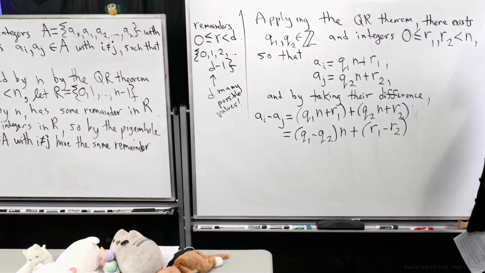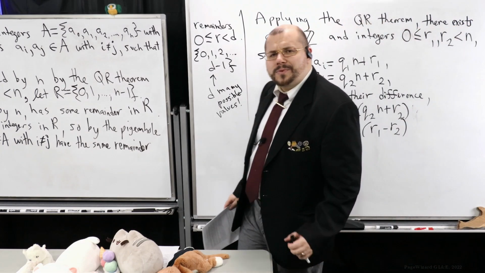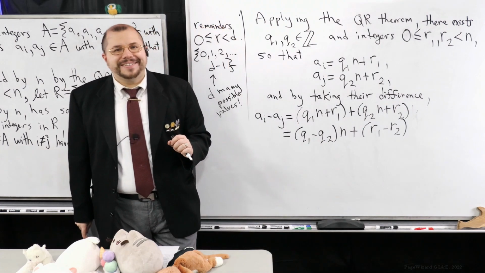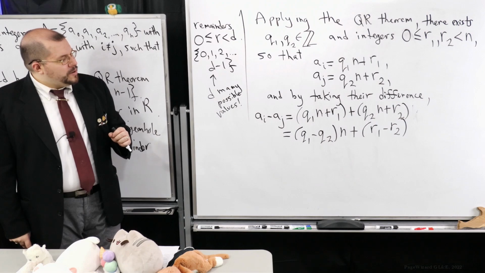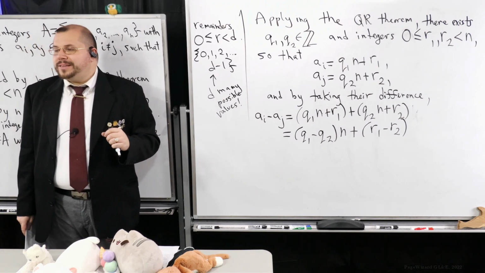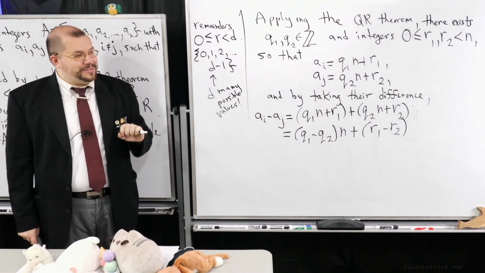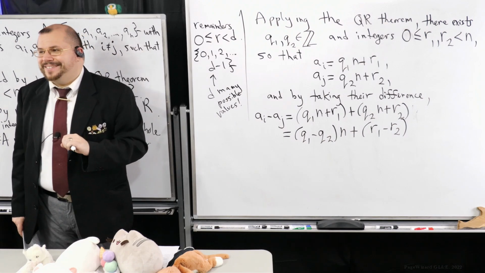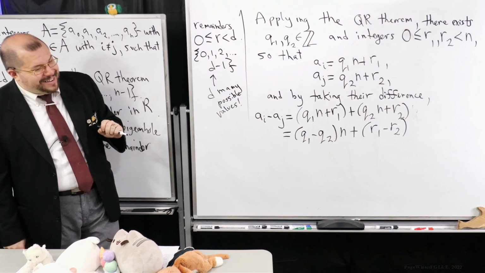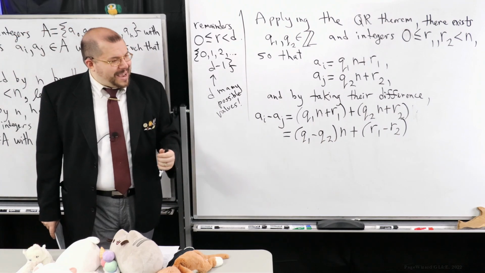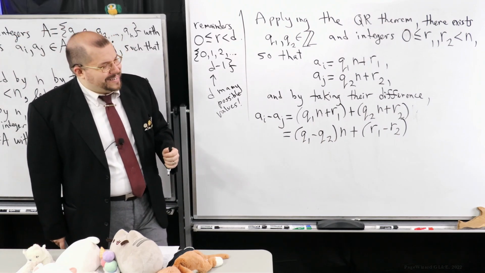But what did we say about R1 and R2? Why did we use the pigeonhole principle? We showed that these two have the same remainder, right? That's why we picked Ai and Aj the way we did.